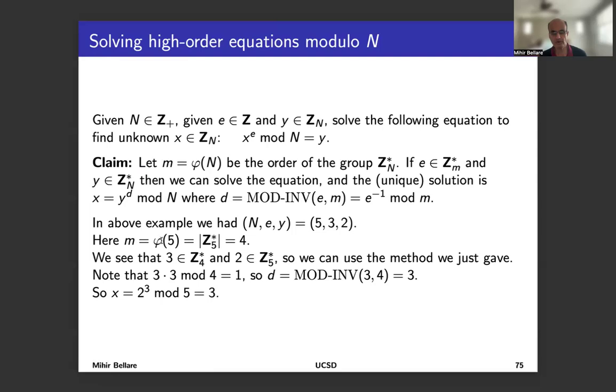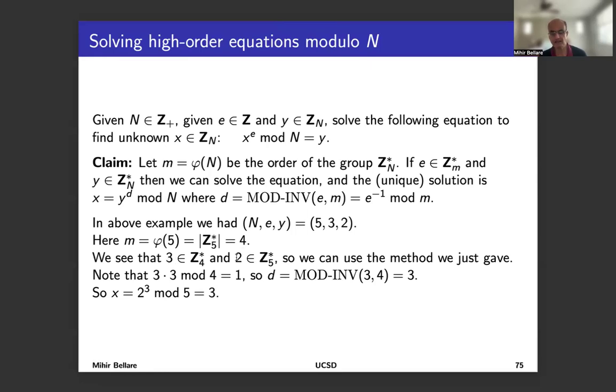So this will be 4. And so m we need is actually 4. Now we notice that we can use the claim because the exponent does belong to Z star 4. Remember that this only applies if the e belongs to Z star m. And now with m equals 4, and we look at Z star 4, well, Z star 4 is what? 1 and 3, just two things, and 3 is in there.